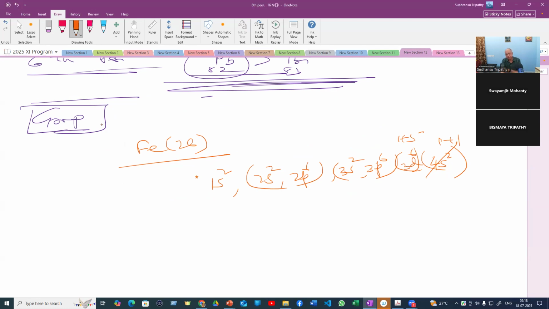Now see, for 4s, 3d is an inner shielding electron. In the true sense, radius wise, it is less, so it is screening more than what the other 4s electron is doing.